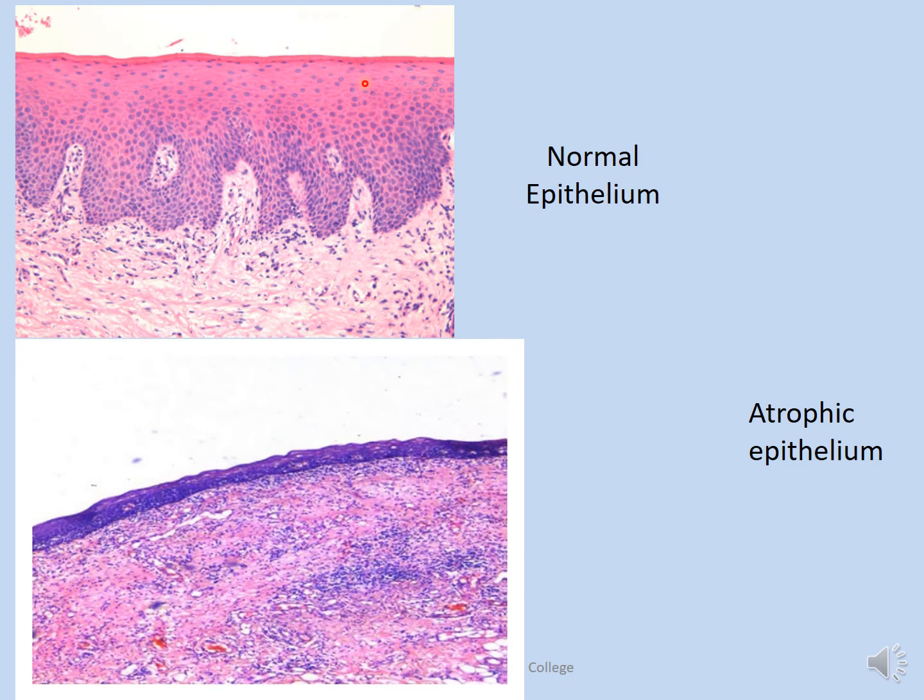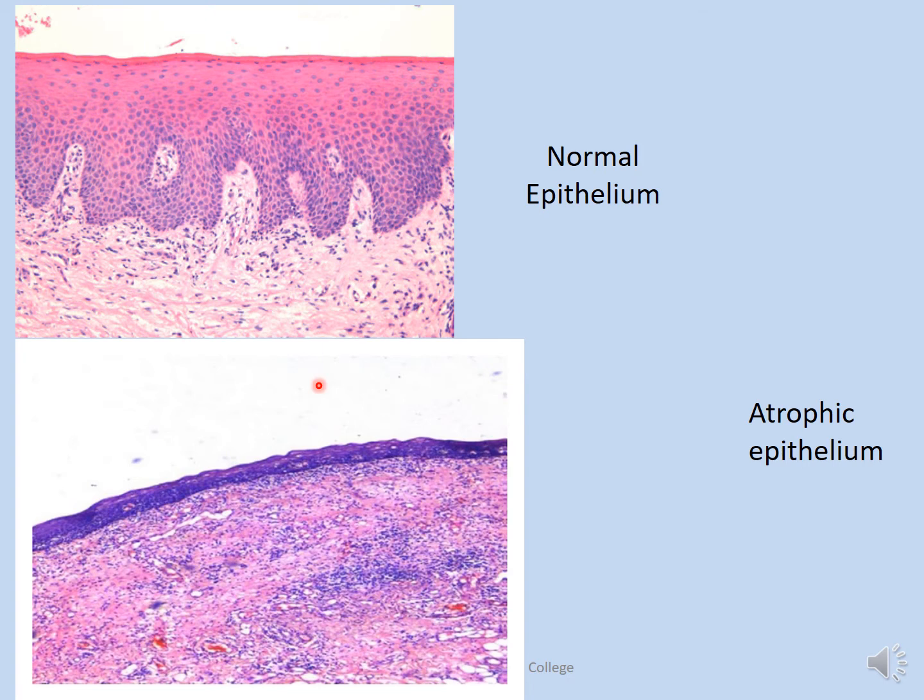Now to compare that to an atrophic epithelium. Now this is what is described as an atrophic epithelium. That means the thickness of the epithelium reduces, right? There is a loss of rete ridges, the thickness reduces, thereby increasing the amount of light that is able to penetrate through the epithelium and reflect the underlying color of the connective tissue to us.